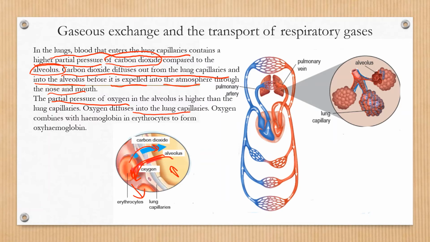Oxygen then combines with hemoglobin. Where can we find the hemoglobin? Hemoglobin is inside our erythrocyte, that is our red blood cell. So oxygen combines with hemoglobin in the erythrocyte to form what we call oxyhemoglobin.